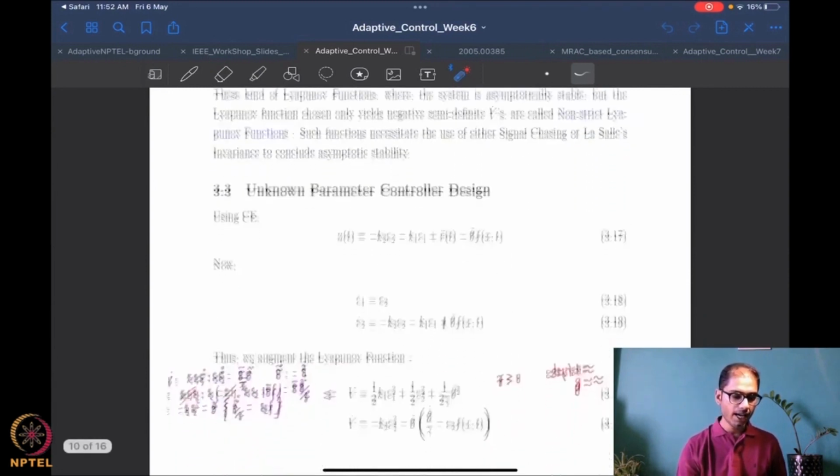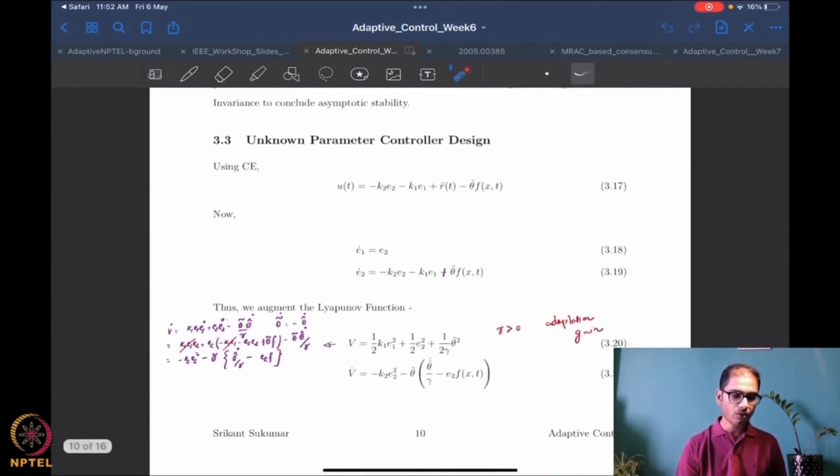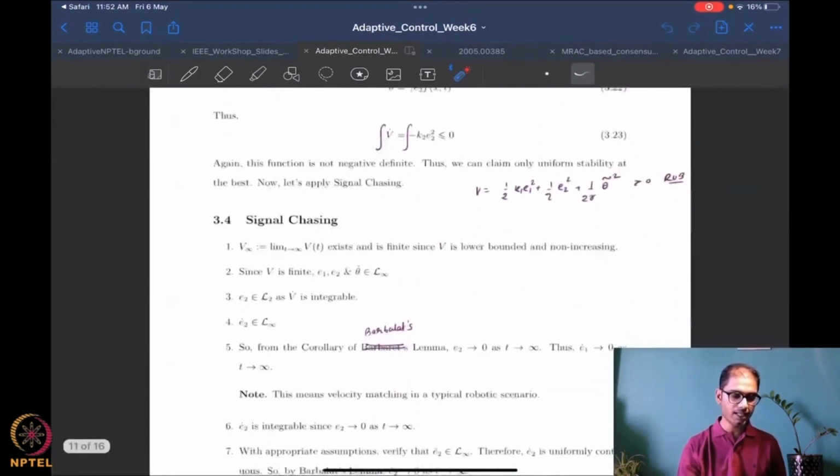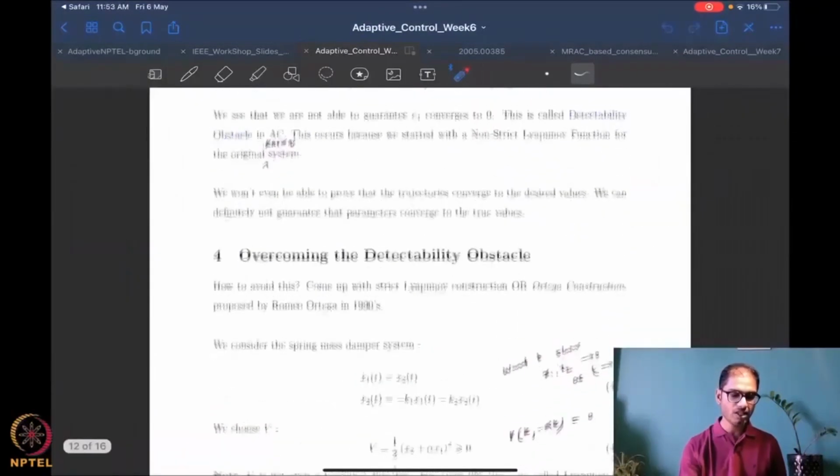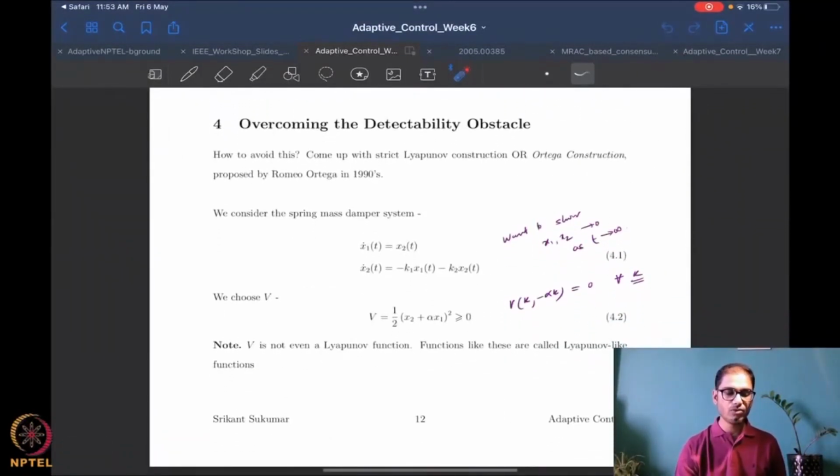And so what we tried to do after that is essentially use something like an Ortega construction in order to overcome this detectability obstacle for second order scalar systems. All right, and that's what we did in this section 4.